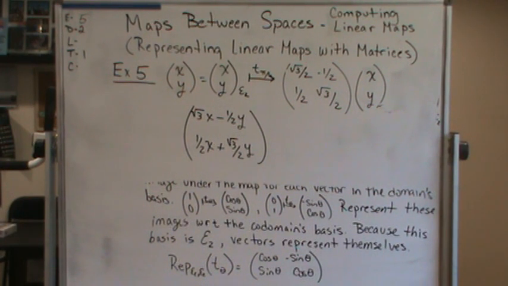And now we've got a formula for the rotation of any vector, in this case by pi over 6.